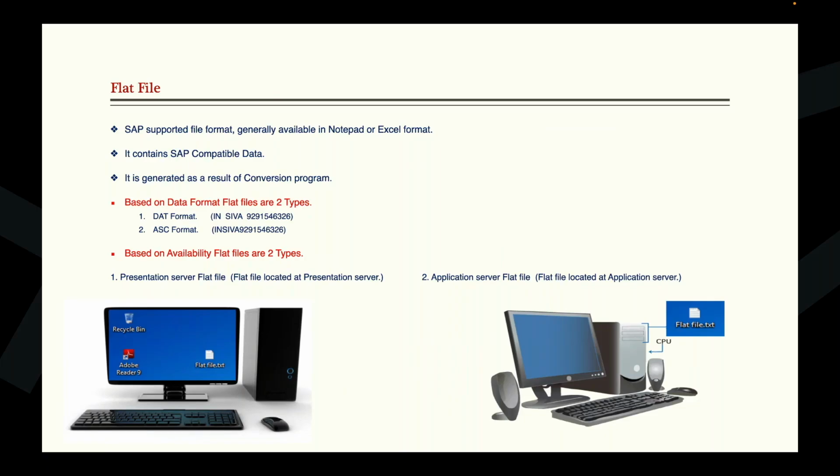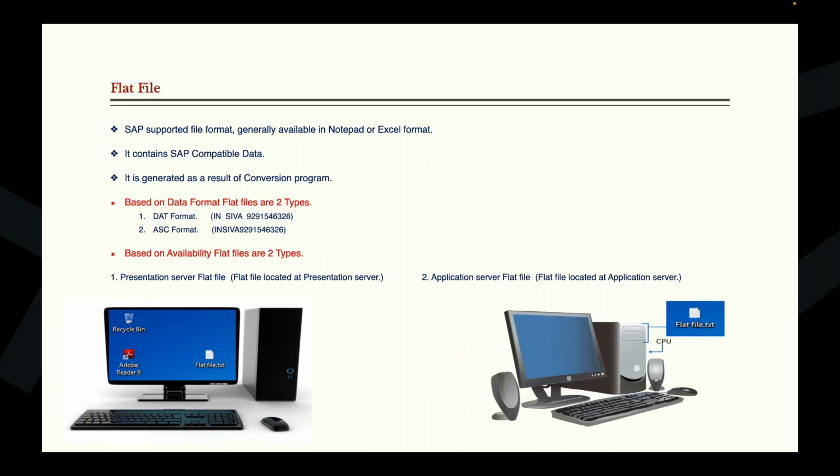The advantage over presentation is that a presentation server file only you can access, since it is on your desktop and in your email. But an application server file is in the SAP system, so whoever is connected to the SAP system can access that file data if they want.